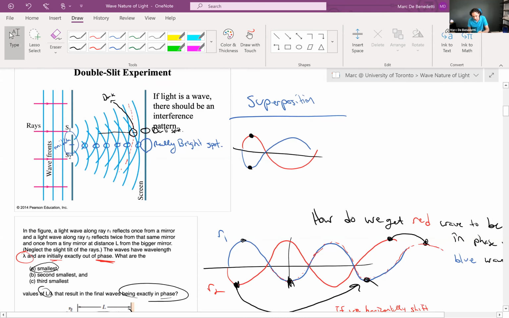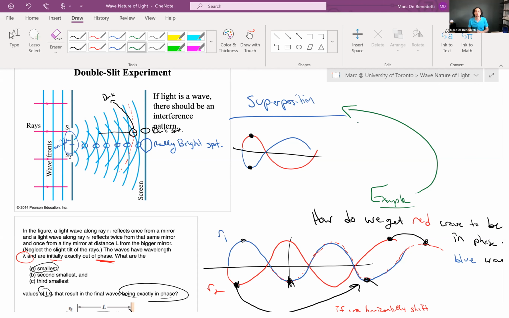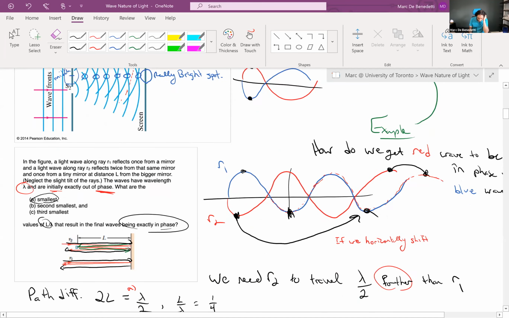This example really illustrates the underlying concept of what's happening in Young's double slit experiment. It's underlining what it means to superimpose, what it means to be in phase, what it means to be out of phase, and how to manipulate that.